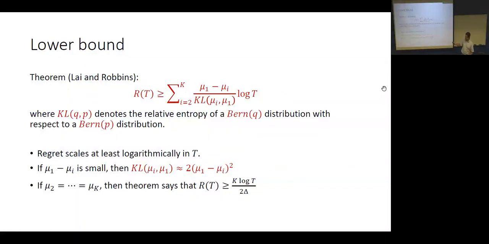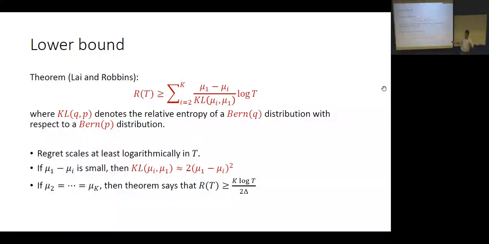Firstly, it scales logarithmically in time. That's one of the key insights: the scaling in time is logarithmic. And the prefactor is the sum of all these terms, one for each arm. If mu_i is much smaller than mu_1, you suffer a large regret every time you play it. But if mu_i is close to mu_1, the regret at each play is small, but it's hard to tell them apart, so you will end up playing them a large number of times.